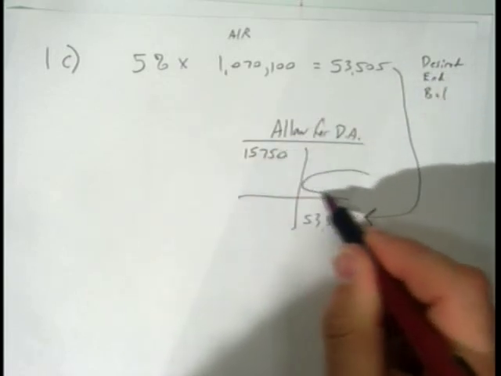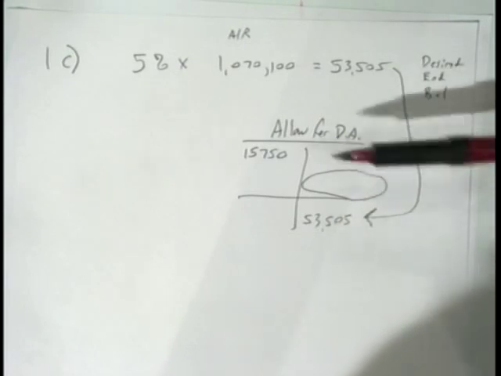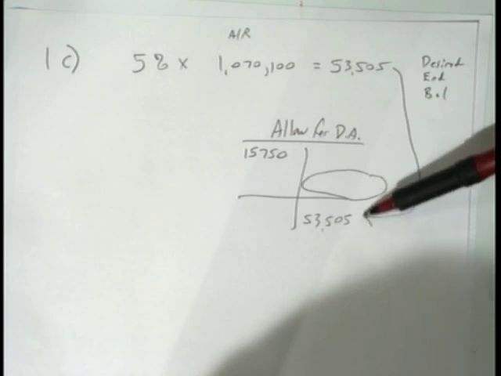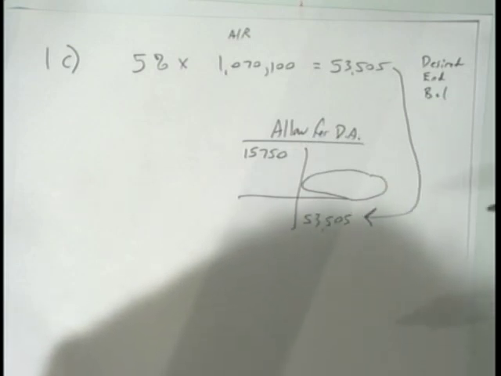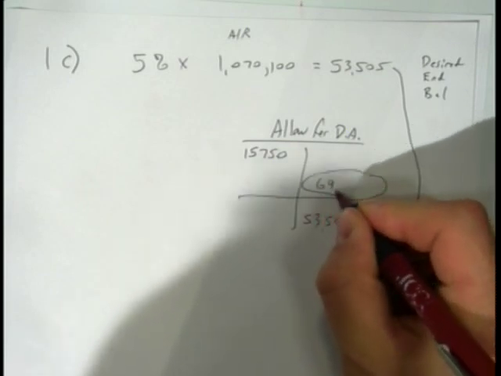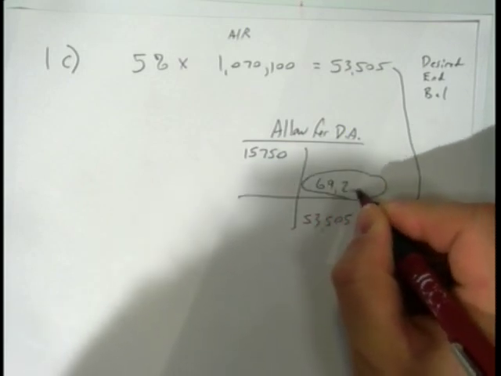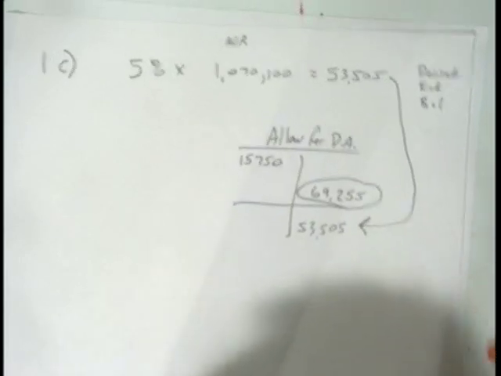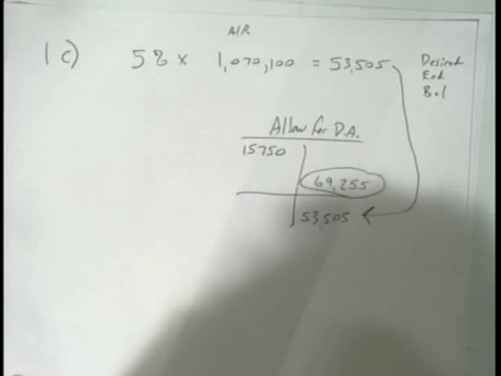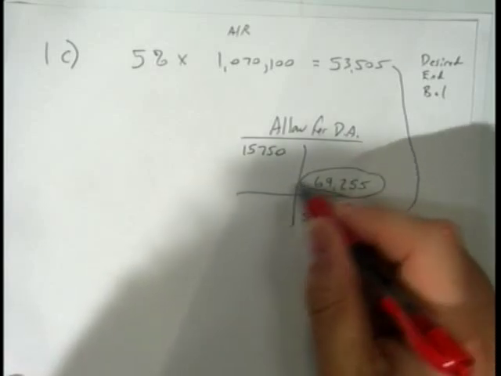So, what do we have to do to bring the existing beginning balance of 15,750 to the desired ending balance of 53,505? What's that number? 69,255.